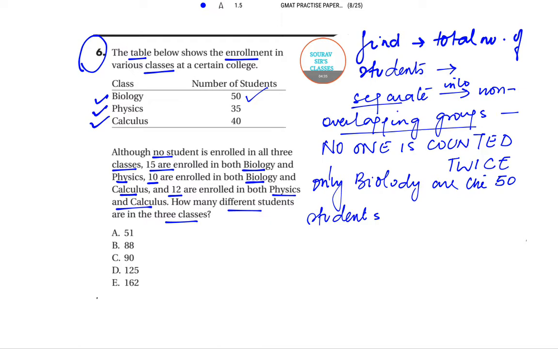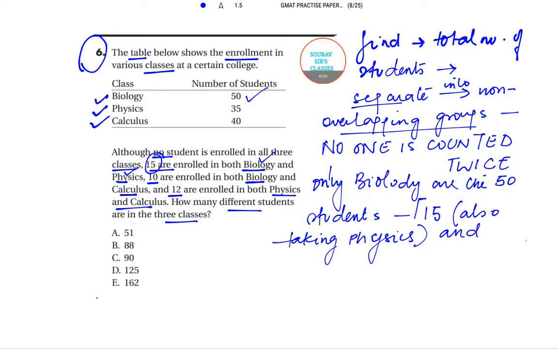Okay, and from this you need to deduct something. You have to deduct the 15 who are also taking physics along with biology, and you also need to deduct 10.